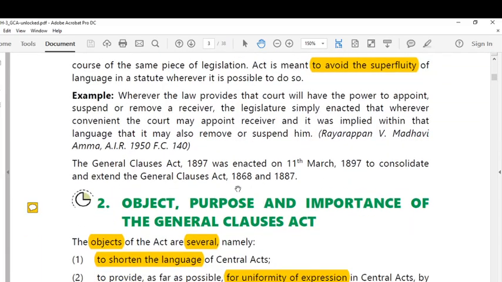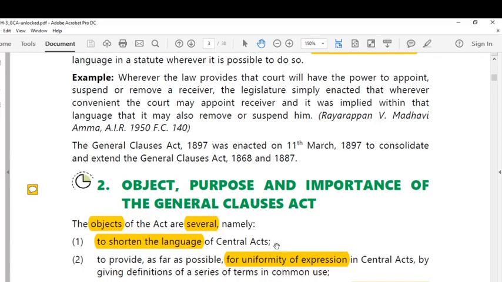So now we will come to the first topic possible for your examinations. The topic is what is the object, purpose, and importance of the General Clauses Act, which gives enough introduction with regard to this.